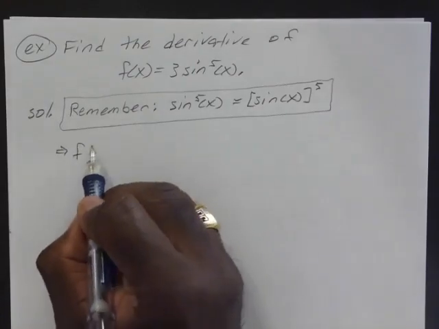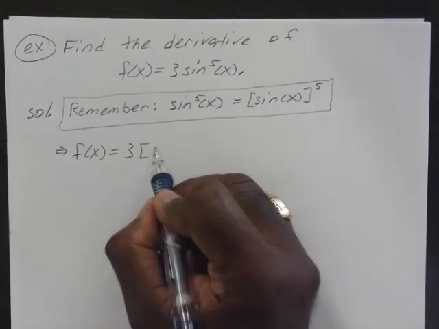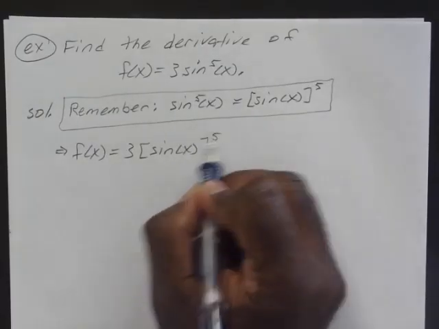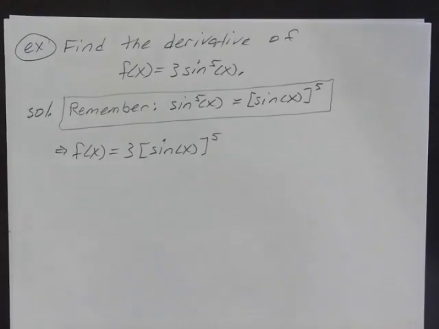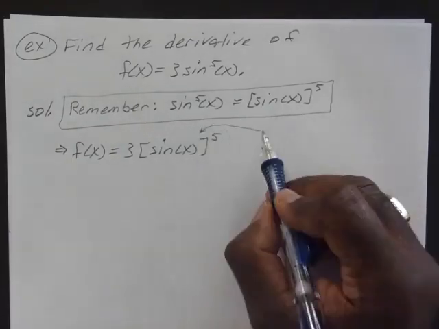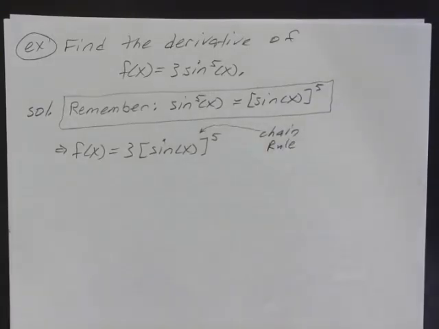So that means your f of x can now equal 3 times sine of x to the fifth power. Which means you can apply the chain rule on this one.